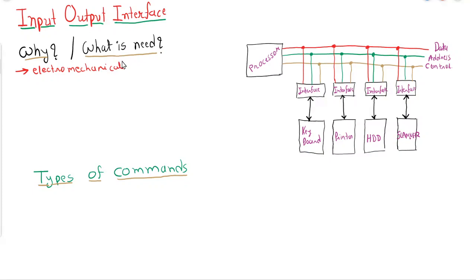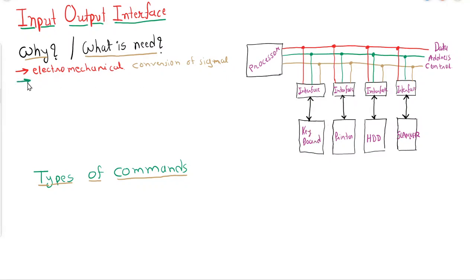So each device will have its own operational way. So the first need of this is the conversion of signal from the processor to the particular device.